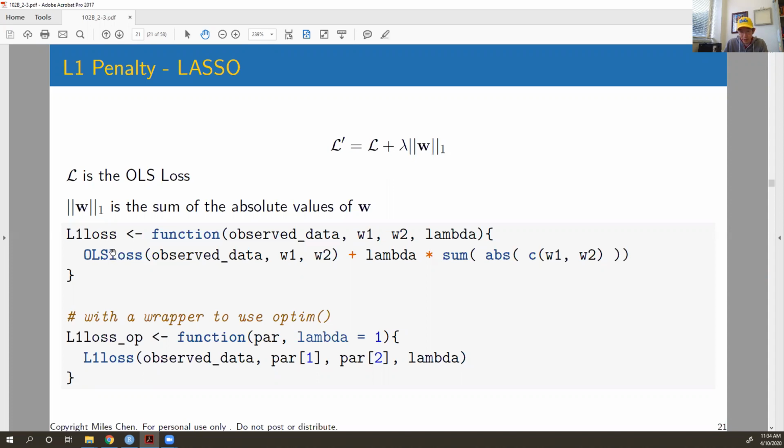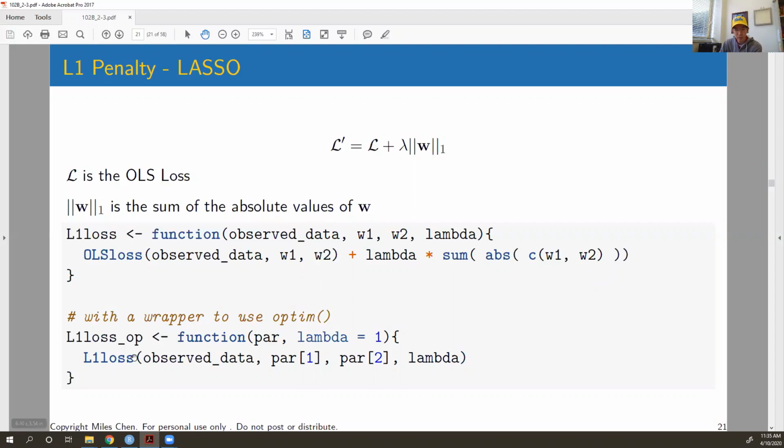So we calculate the ordinary least squares loss plus lambda times the sum of the absolute values of W1 and W2. So we take the absolute values of W1 and W2, sum those up, multiply that by lambda, and add that to the OLS loss. So this is the new loss function, okay? And we're going to try to minimize this new loss function.